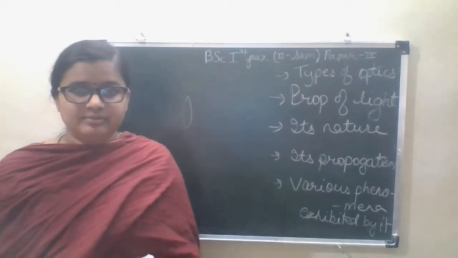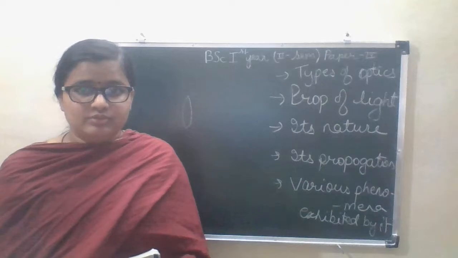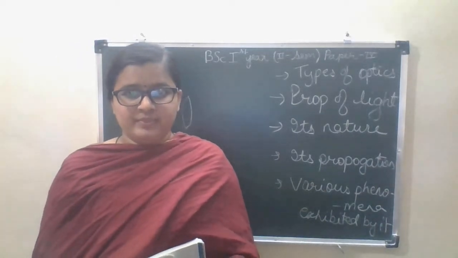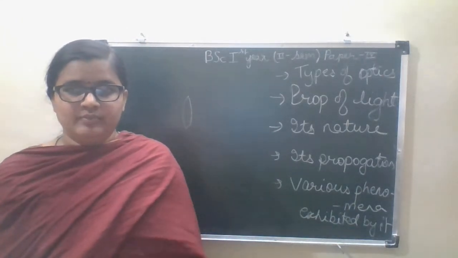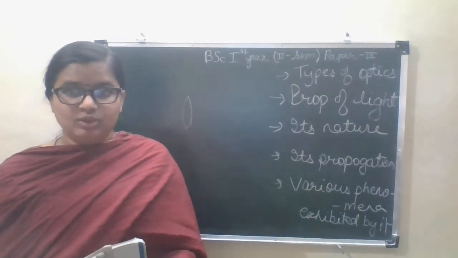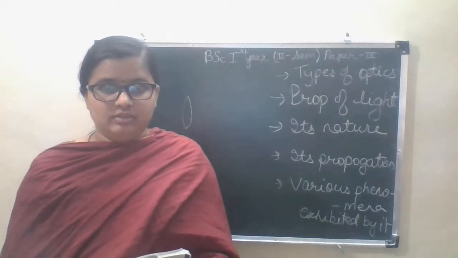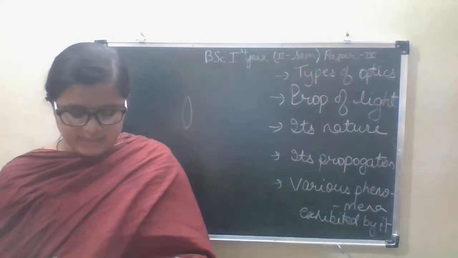So Gauss showed that any number of thin coaxial lenses can be considered as a single unit. For this, we can consider a number of cardinal points.